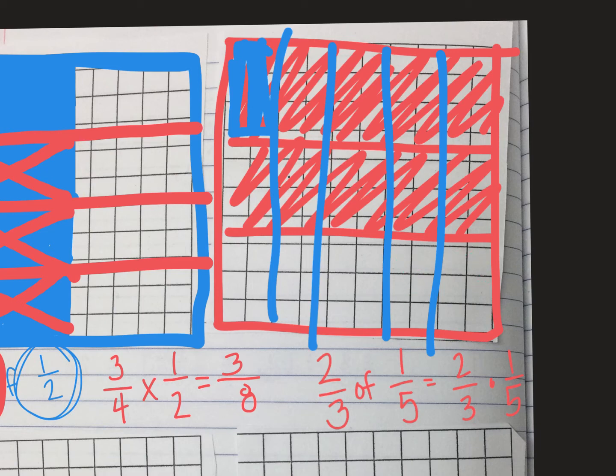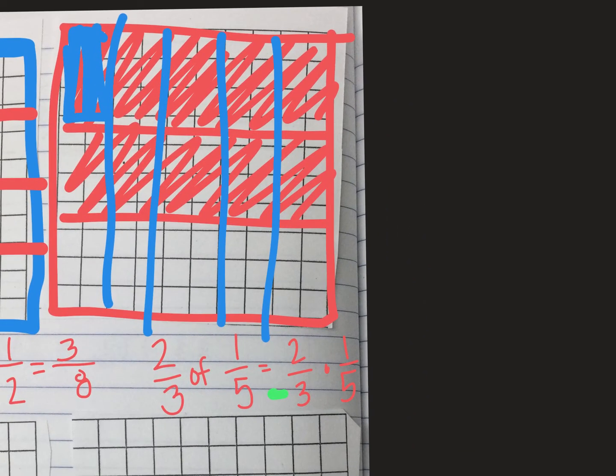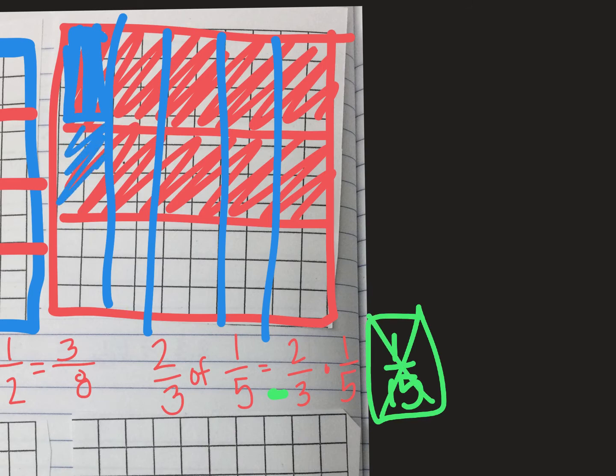So that's going to give me 1 out of 15. No. Oops, I did that wrong. That's not right. It's 2.